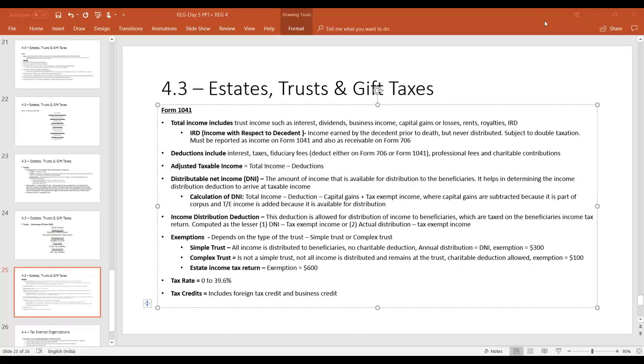And how is that calculated? This deduction is allowed for distribution of income to beneficiaries, which are taxed on the beneficiary's income tax return. It is computed as the lesser of your DNI less tax exempt income, or actual distribution less tax exempt income. So you take the lesser of these two, your DNI or actual distribution.